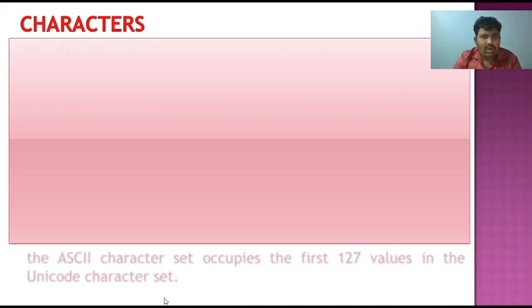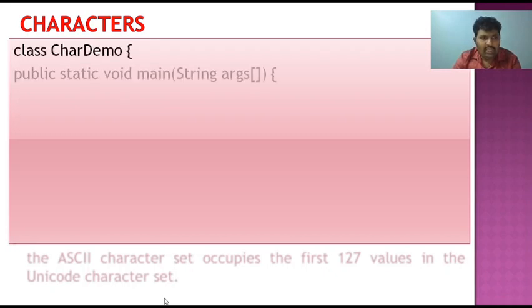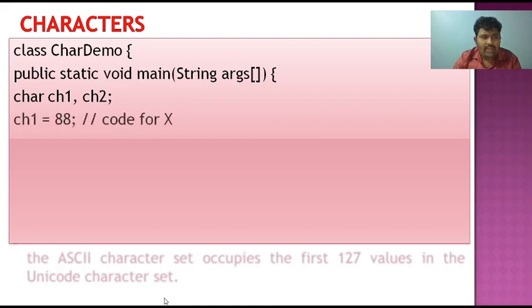So let us see a small program on how to write characters. Here I've created two character variables, char ch1 and ch2. Now I set ch1 is equal to 88. Automatically the Java compiler takes the character for it. The ASCII value for capital X is 88.